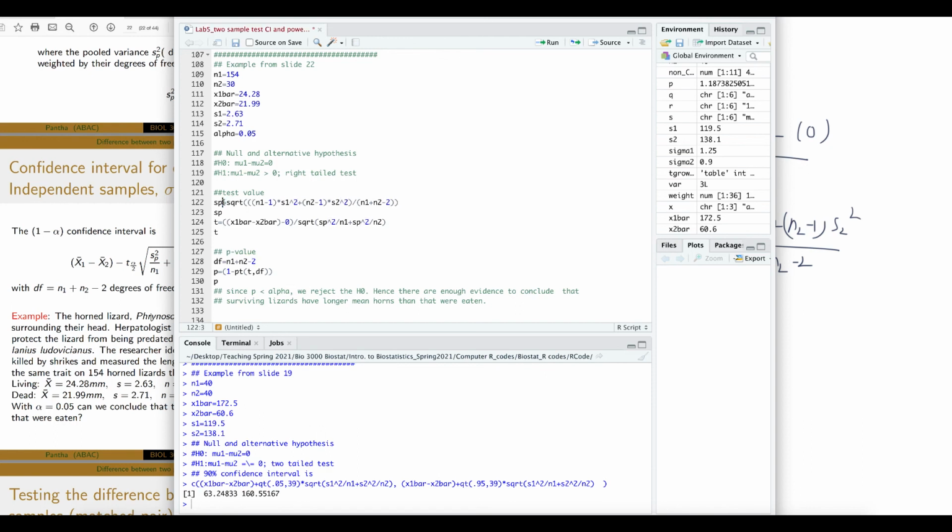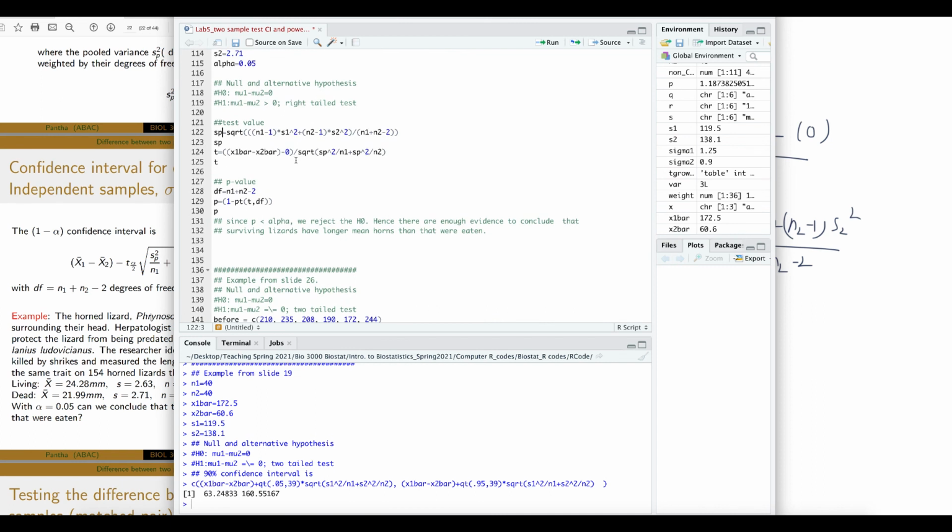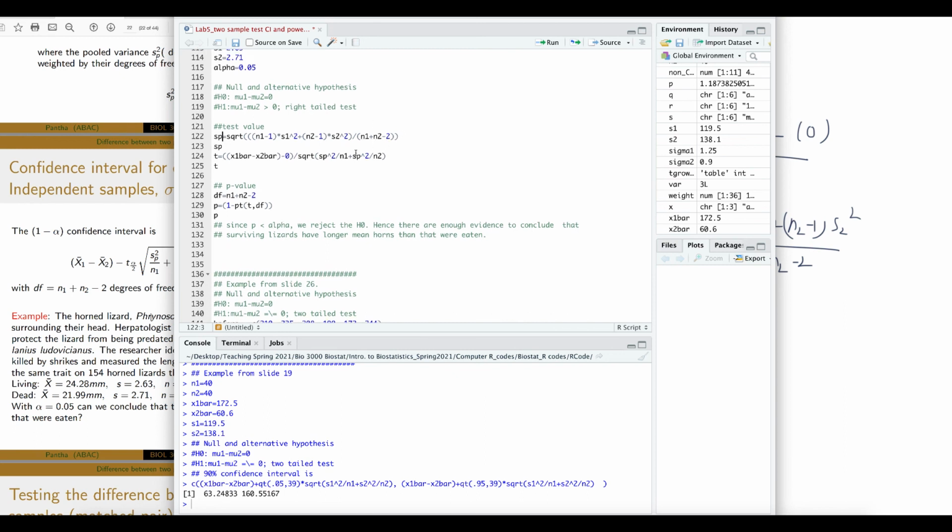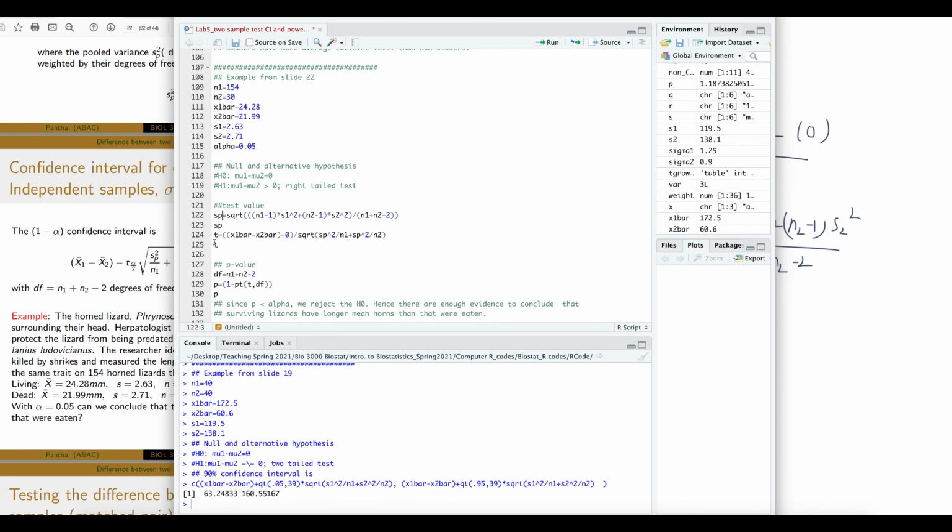What I can do is type sp and then square as text, and use that sp squared instead of sp. So sp is the square root of n1 minus 1 times s1 square plus n2 minus 1 times s2 square, all divided by n1 plus n2 minus 2. Let me run all these, and then I find the t, the test value.